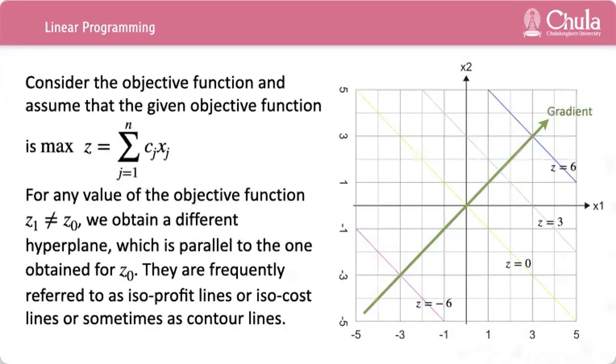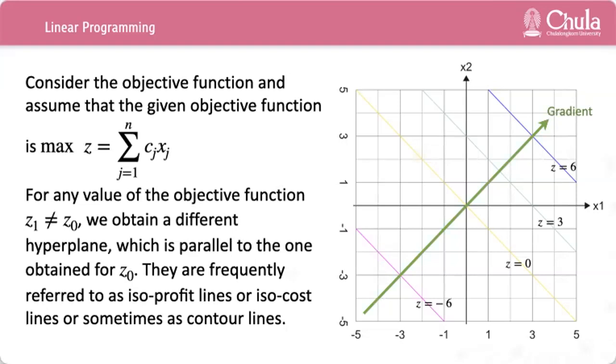And of course, the approach we use to solve linear programming is totally different from the methods we use to solve other optimization problems. Because if you look at the gradients, they remain constant all the way.